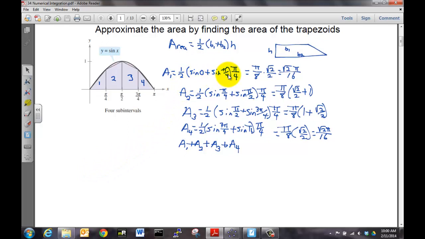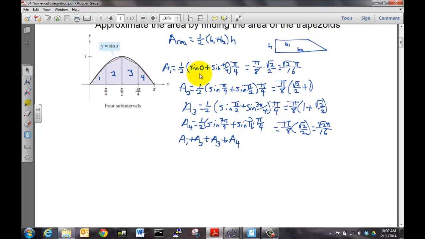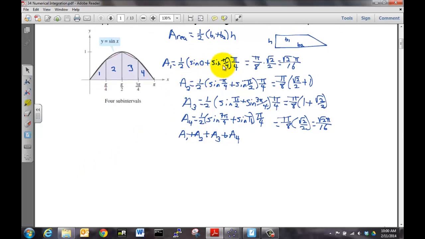Now I want us to look at what's inside these parentheses again. We have the sine of 0, then the sine of pi over 4, and then in the second one we had the sine of pi over 4 again. So the last one in the first trapezoid right here is the same as the first one in the second trapezoid. The last one, pi over 2, is the first one in the next one.